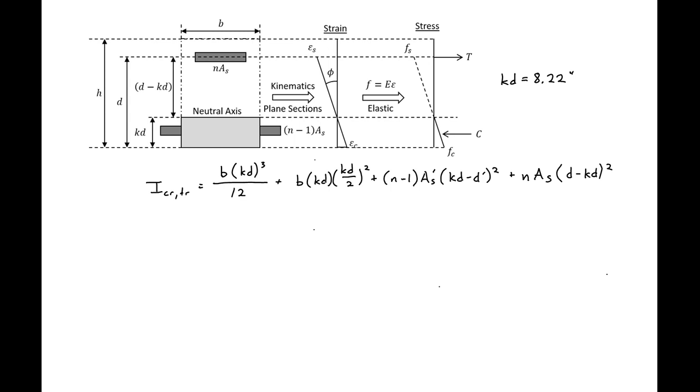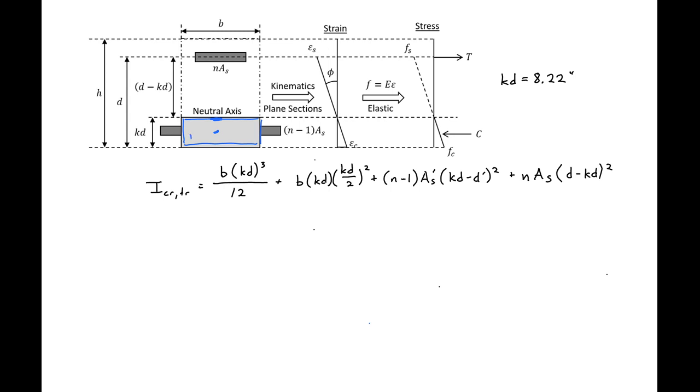We can use our kd and the parallel axis theorem to then find our I cracked transformed. So our I cracked transformed is going to be the summation of our different areas, the moment of inertia of that area, plus the area times the distance from the centroid of that area to the neutral axis squared.